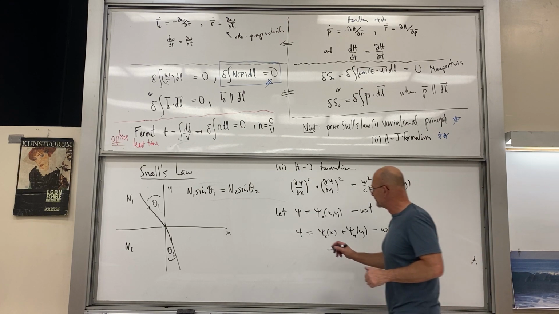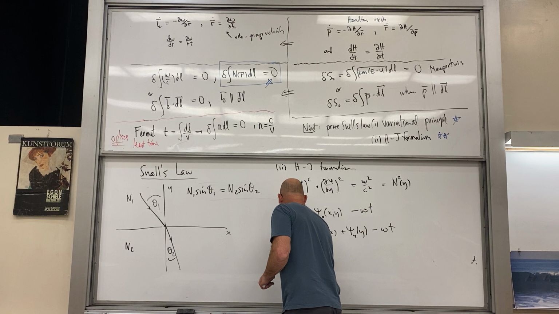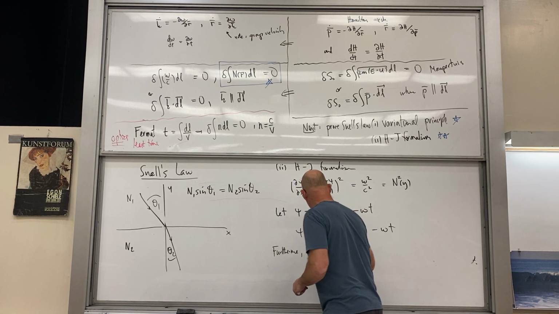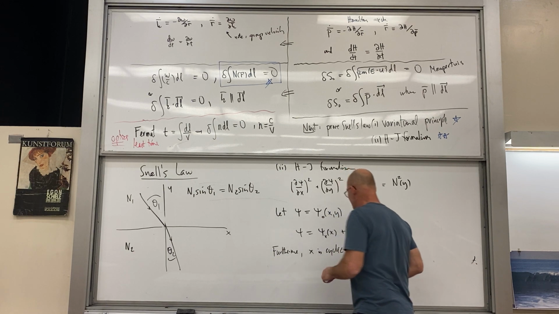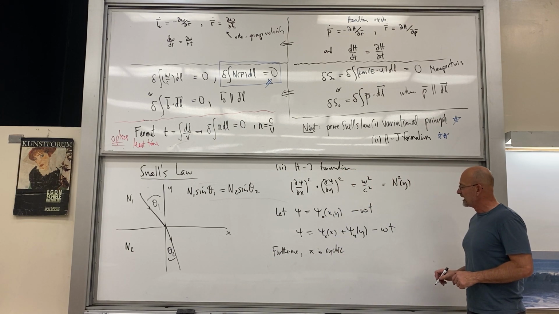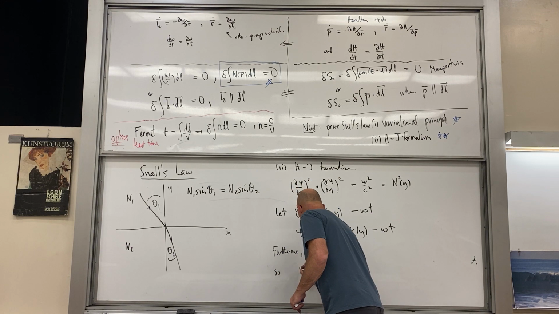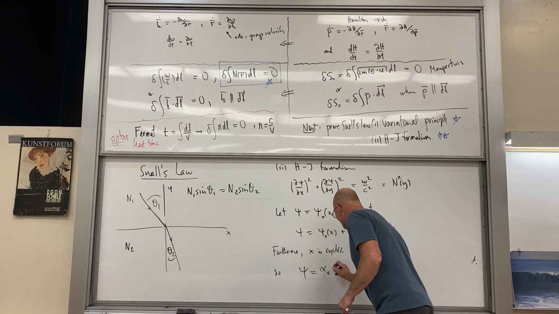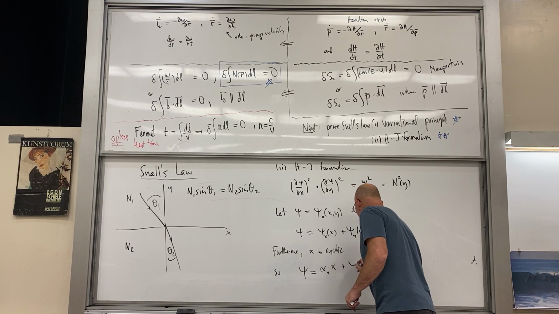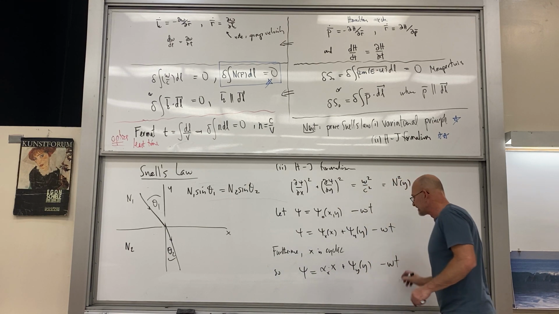Furthermore, x is cyclic. Okay. x is cyclic, so we can write C is equal to alpha x times x plus Cy minus omega t.